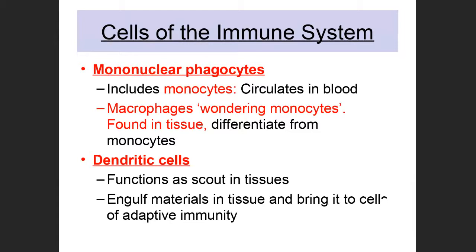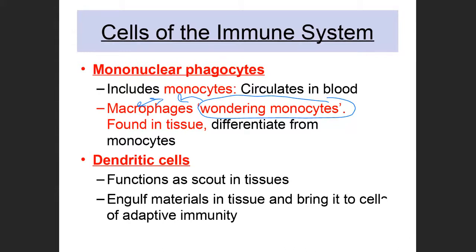Monocytes are also macrophages. They eat up bacteria. They're called wandering monocytes because some of them can leave the blood vessel and begin to roam around in tissue, and then we call them macrophages. So macrophages and monocytes are essentially the same thing. What changes is their location.